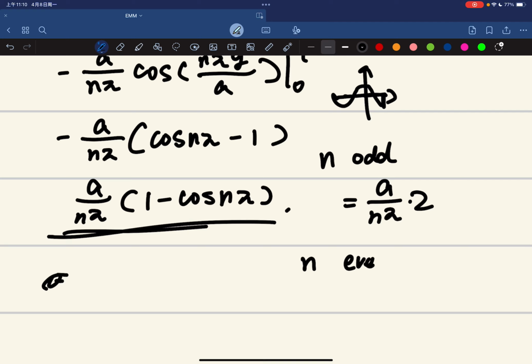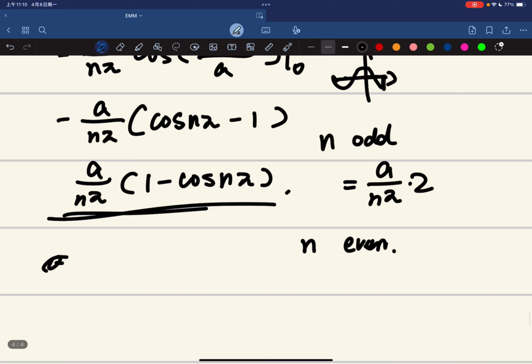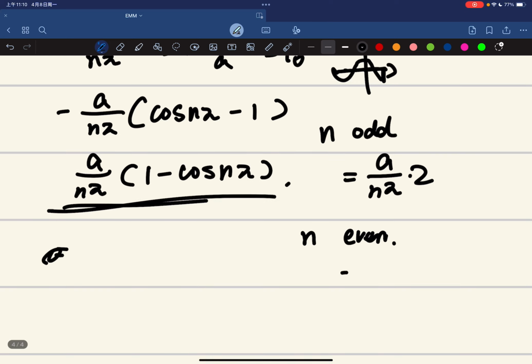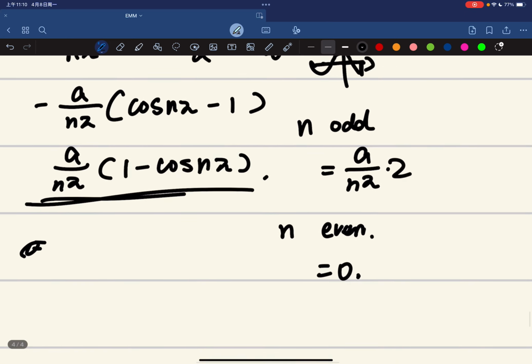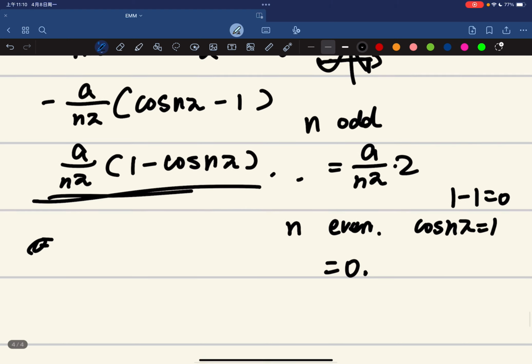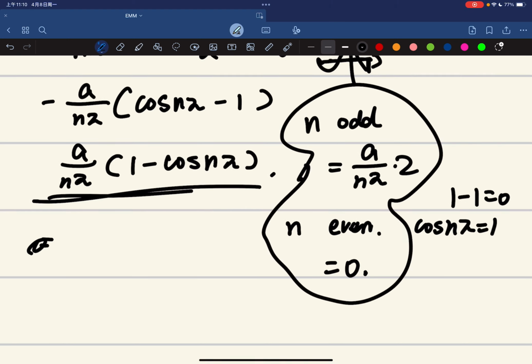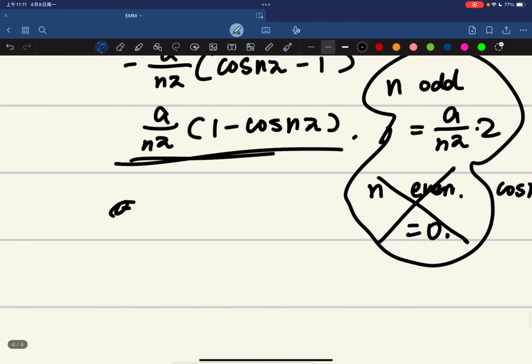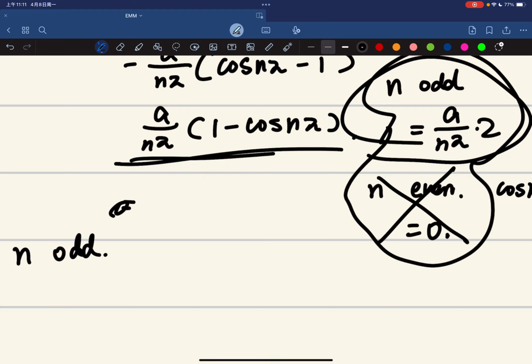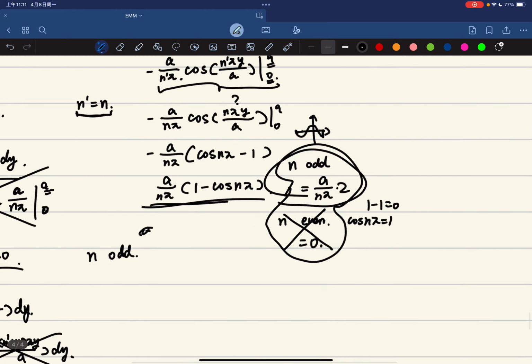If n is even, for example 0 or something, this will equal 0, because cosine n pi is 1, and 1 minus 1 is 0. So we just take away the even n, because it won't give us anything. So we know that n is odd, and the integral is this value.